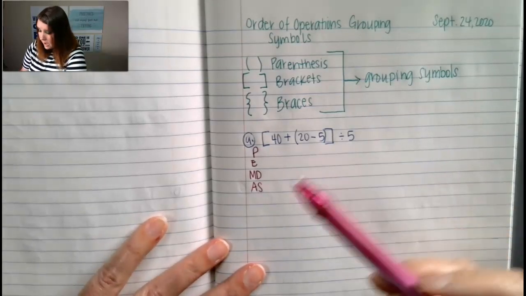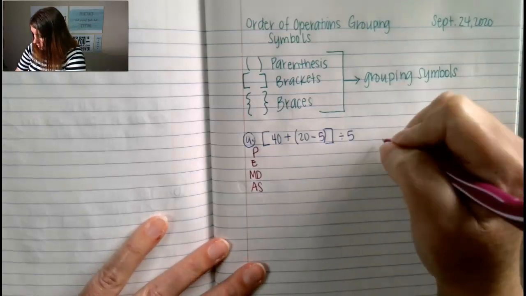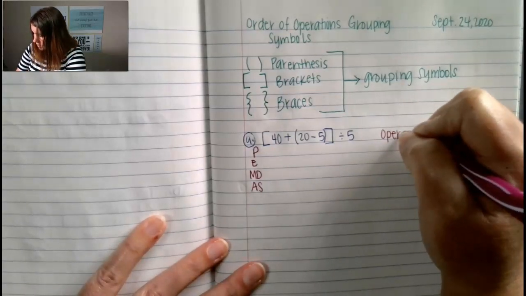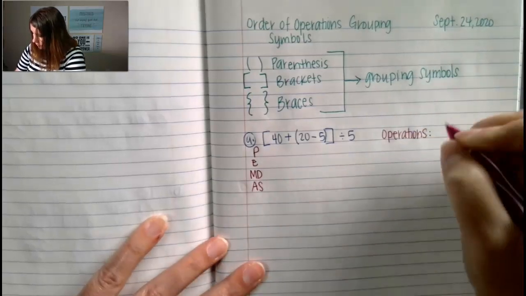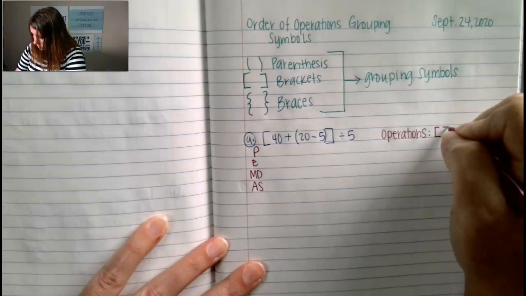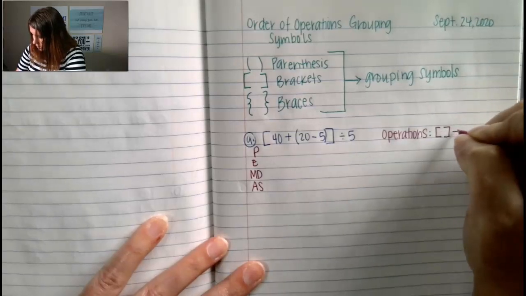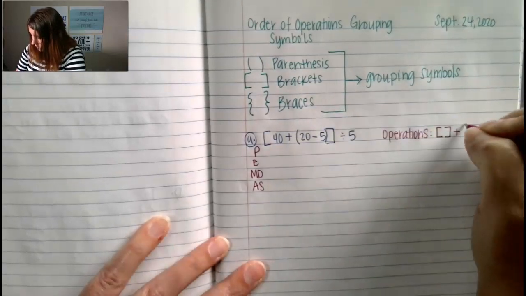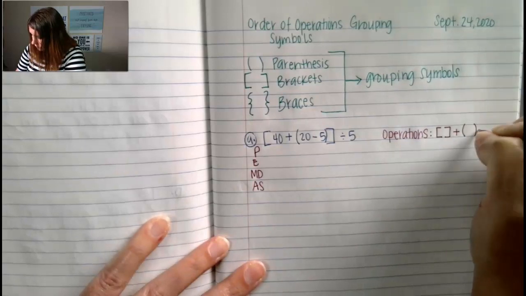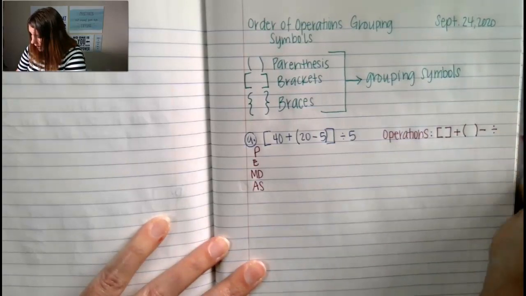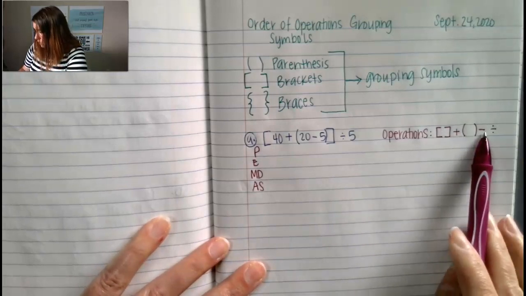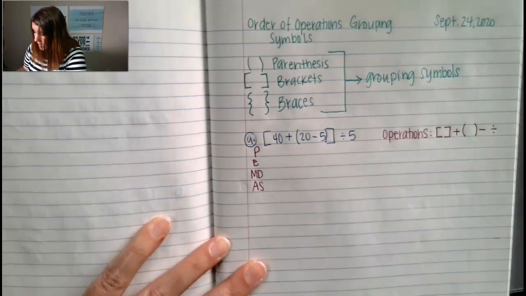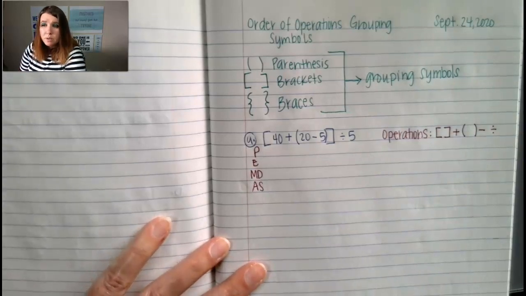We have brackets, an addition sign, parentheses, subtraction, and division. So we have 1, 2, 3, 4, 5 operations that we're going to be working with.